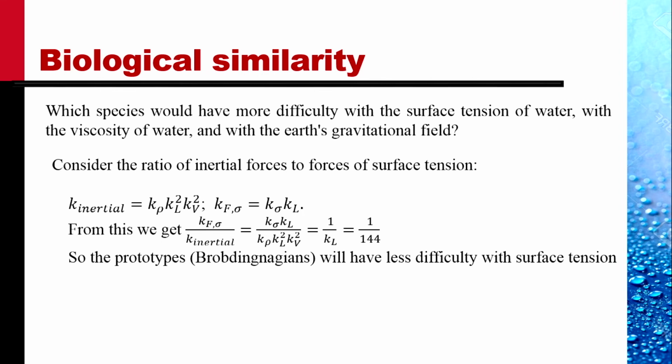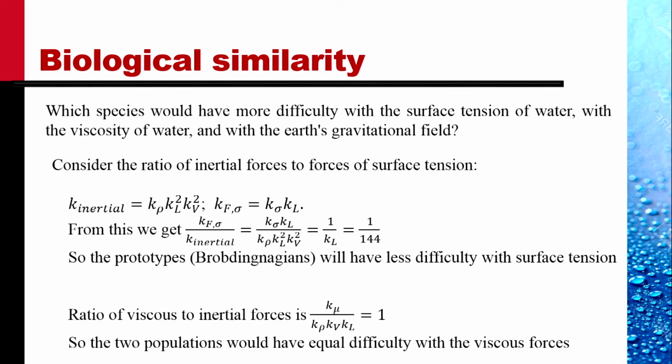From this, we get the ratio of the two forces. The ratio of surface tension forces to inertial forces is 1 over KL, or 1 by 144. So the prototypes, the larger species, have less difficulty with the surface tension. The larger the L, the less significant is the surface tension.